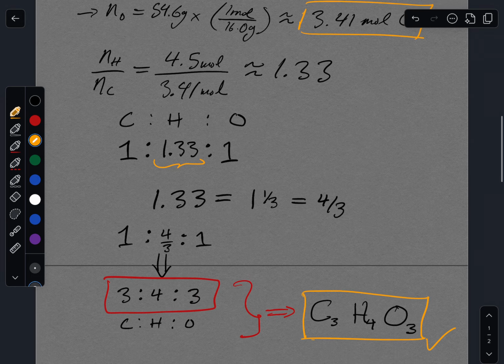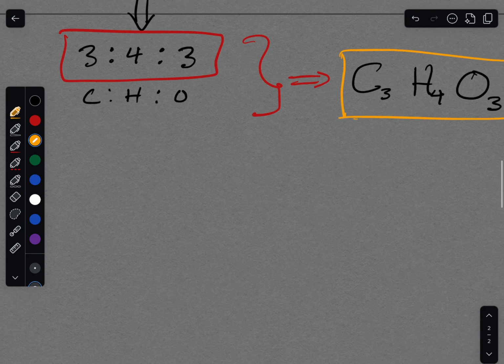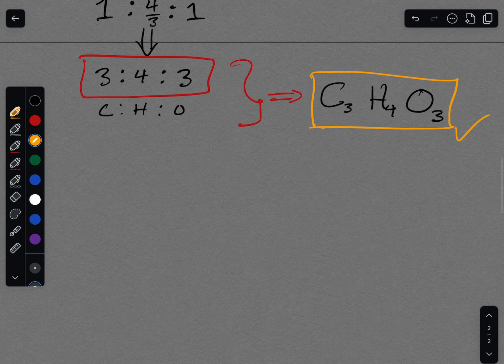Okay, so let's go down here and see what the molecular weight of our compound is with our empirical formula. Just like we've done many times, we just add them up.